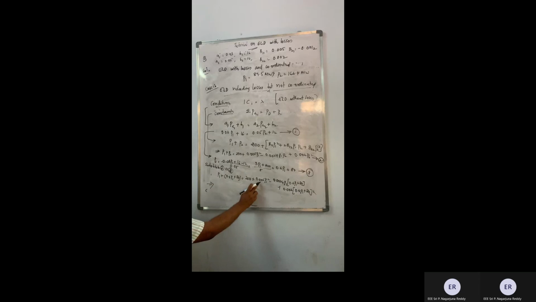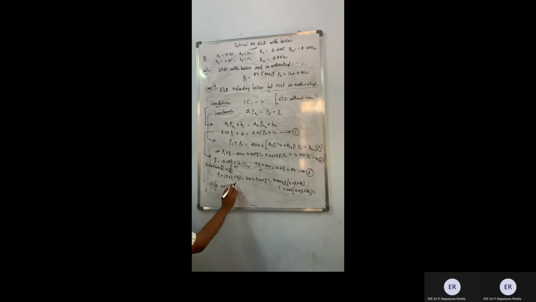How many square terms are there? There is only one square term, 0.005 P1 square. I'm writing this entire thing on the right hand side. First, I will be choosing the P1 square terms, 0.005.